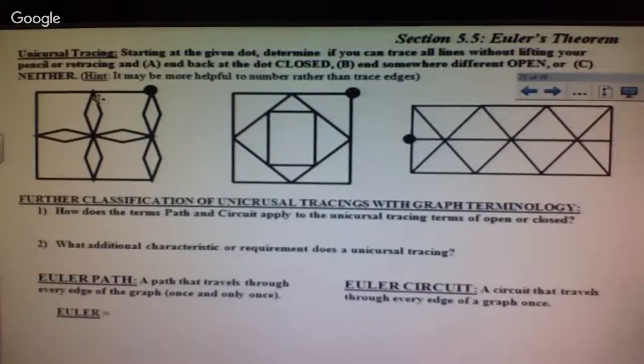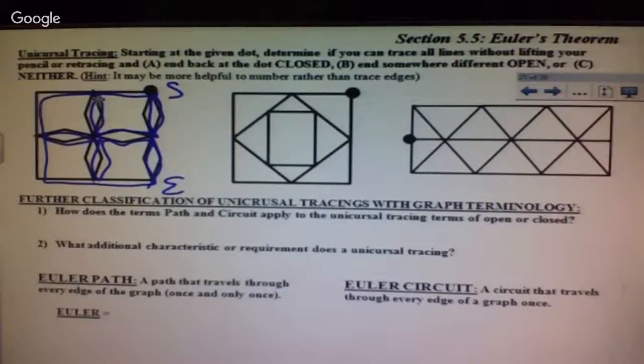Okay? So, basically what you're going to do is take your pencil. Can you put it on this dot? Can you trace every line in this picture once and only once without lifting your pencil? Well, sure I can. But I started here and I ended here when I did that.